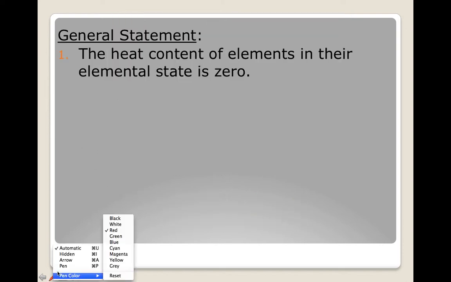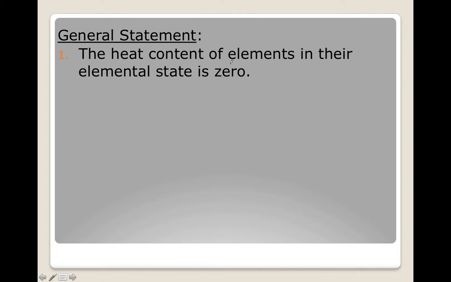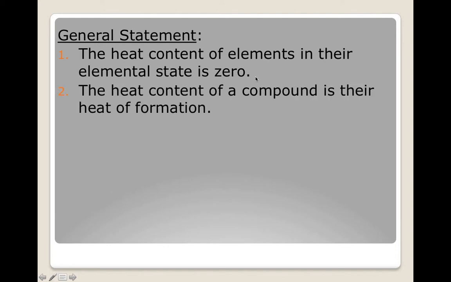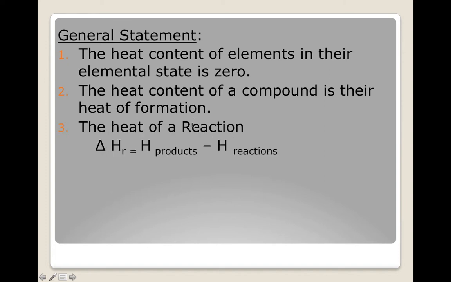So what general statements we can make is that the heat content of elements in their elemental state is 0. So this is as you see them on the periodic table except for your diatomics. The heat content of a compound is their heat of formation. The heat of a reaction equals the heat of the products minus the heat of the reactants.